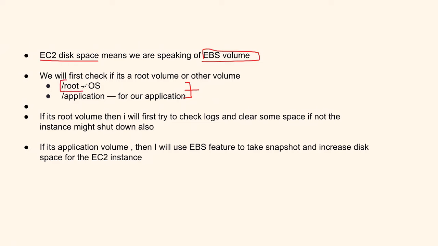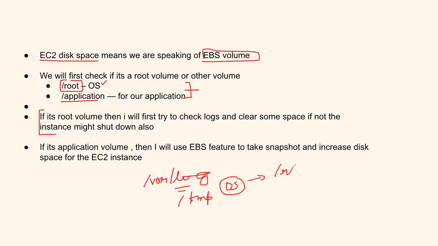You can see here, there might be a root EBS volume, which has operating system related information. We have an application EBS volume, which will have our application related information. Now, if the issue is with our root EBS volume, then we are going to check some logs in the /var/log location to understand if it is full, or we are going to check temp locations, and other operating system related information on what is filling our root volume.